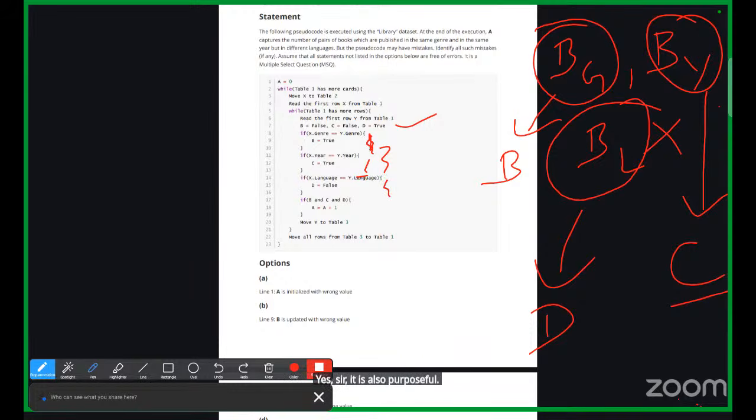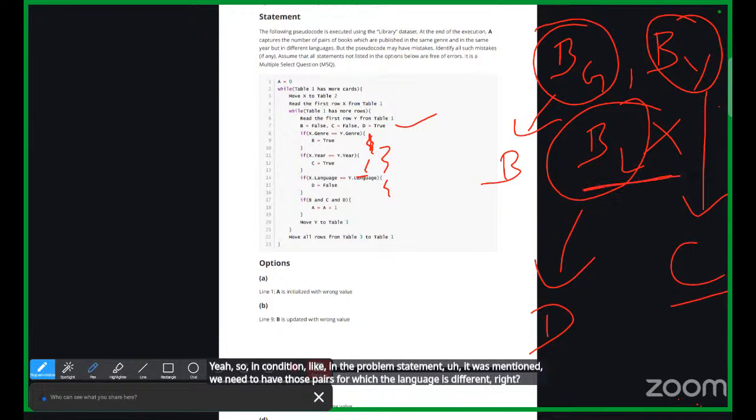In the problem statement, it was mentioned we need to have those pairs for which the language is different, right? So this condition should then be true. We are just checking the reverse of that, and if the reverse is correct, then this condition is also getting satisfied. Now we are incrementing our variable A, which is defined in line number 1.